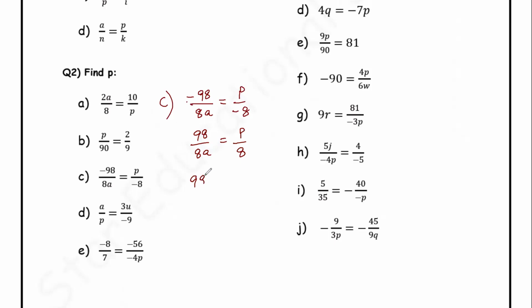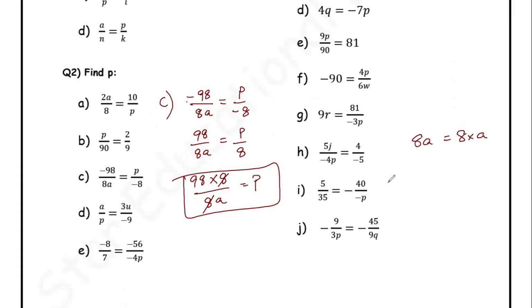So simply bring the 8 next to 98 and divide by 8A, and that's my value of P. So I can simplify it because 8 and 8 cancel. So remember, 8A is simply 8 into A, okay? So you can actually cancel it out. So you get 98 over A, which is equal to P, and that's your final answer.